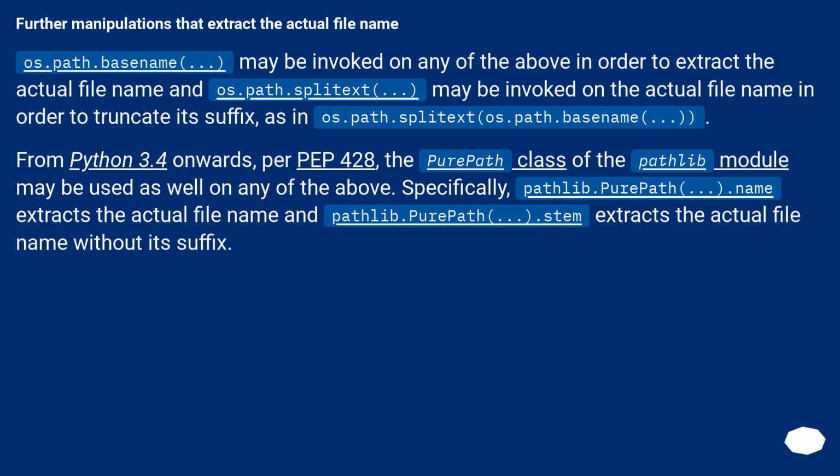From Python 3.4 onwards, per PEP 428, the PurePath class of the pathlib module may be used as well on any of the above. Specifically, pathlib.PurePath(...).name extracts the actual file name, and pathlib.PurePath(...).stem extracts the actual file name without its suffix.